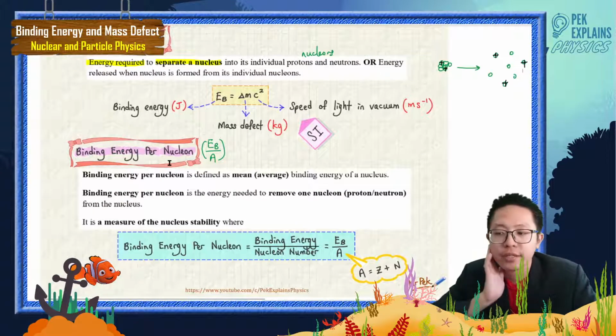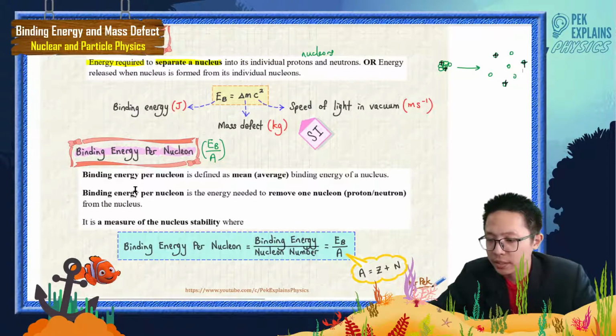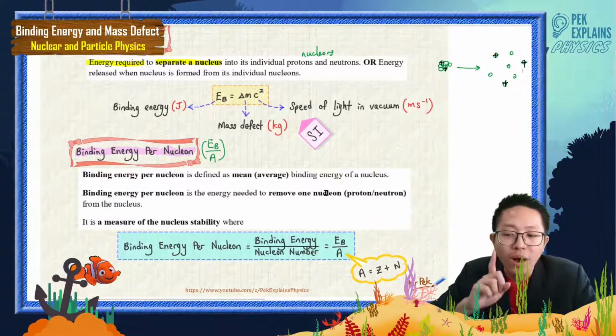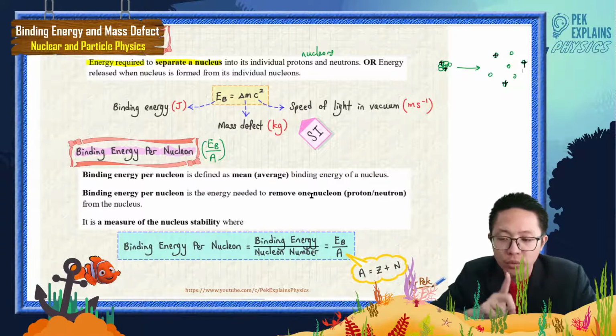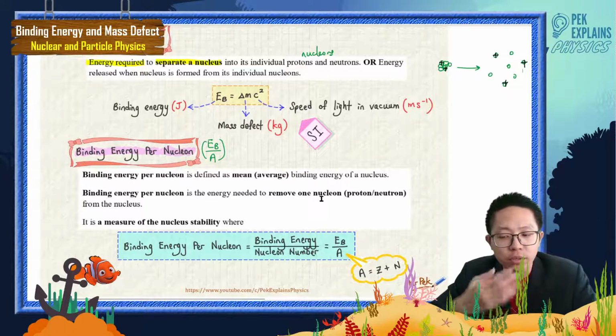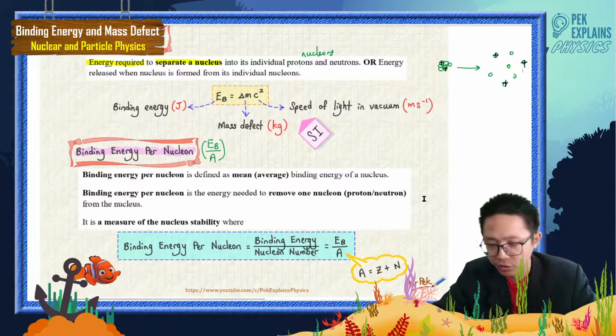Whereas binding energy per nucleon is the energy needed to remove one nucleon only. This nucleon can be a proton or a neutron from the nucleus.